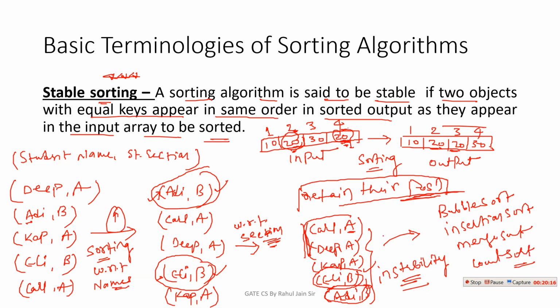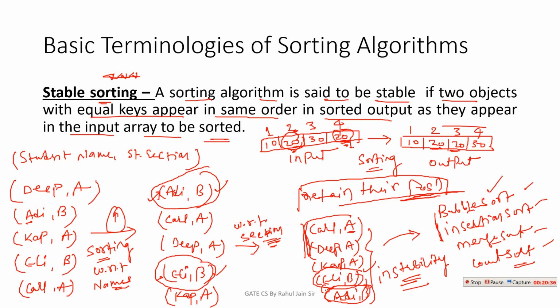If I sort them using these four algorithms, I will get Adi first, and after that Eli. These four algorithms, bubble, insertion, merge sort, and count sort, and many other algorithms are stable.